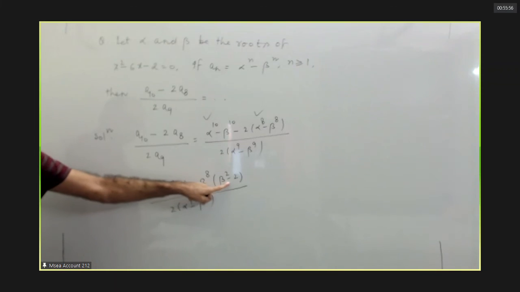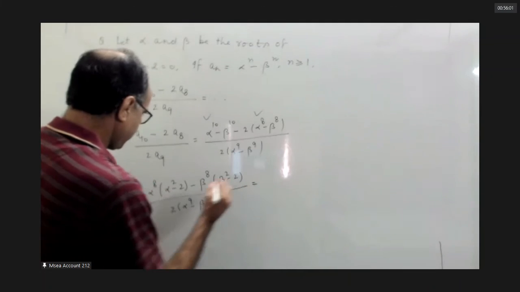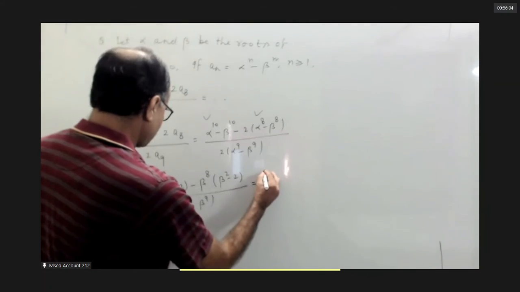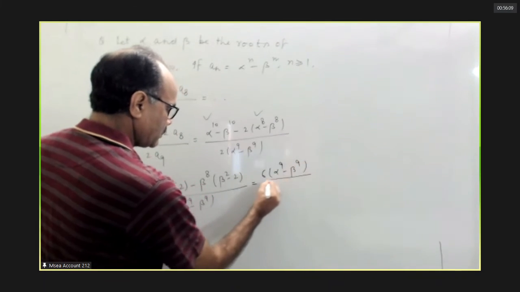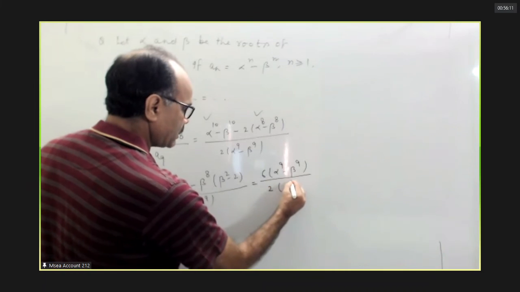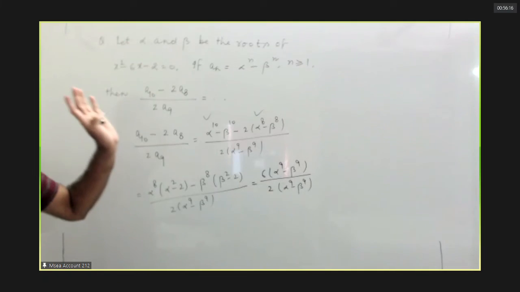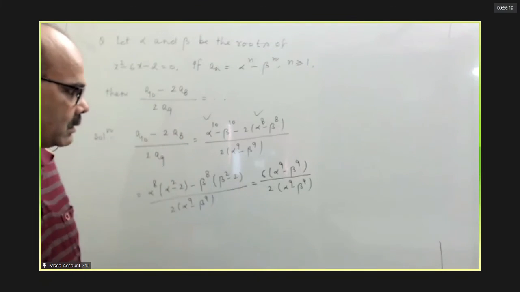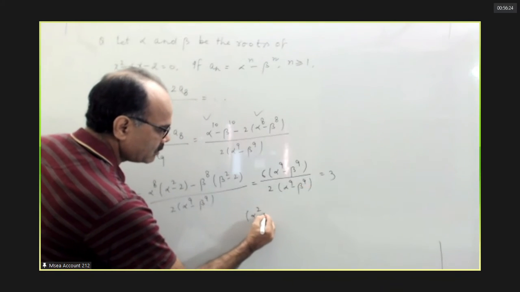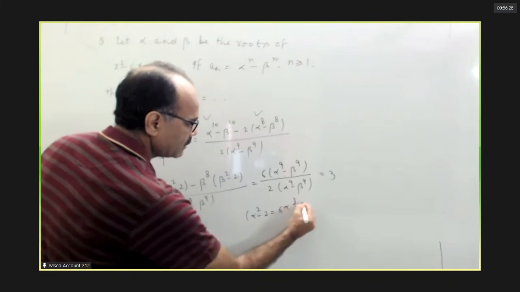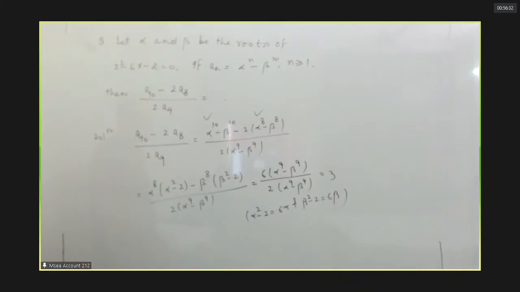This is 6 alpha, and this is 6 beta. 6 outside, alpha to the power 9 minus beta to the power 9, by 2 into alpha to the power 9 minus beta to the power 9. Alpha and beta are roots, so it will satisfy. This is also a JEE question. It is simply 3. Just use alpha square minus 2 equal to 6 alpha and beta square minus 2 equal to 6 beta.